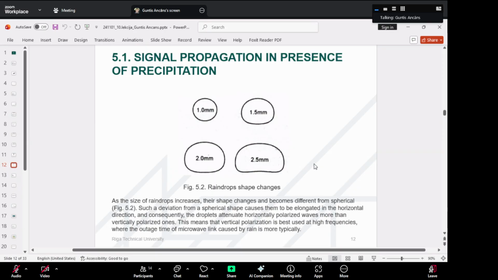Sometimes vertical polarization is also used, but it's rare. At least in Latvia, only horizontal polarization is used for TV broadcasting.